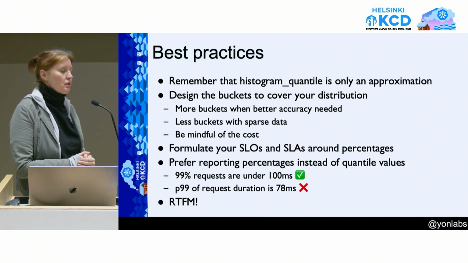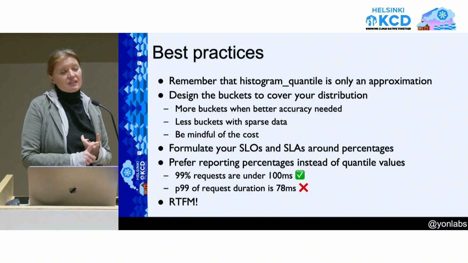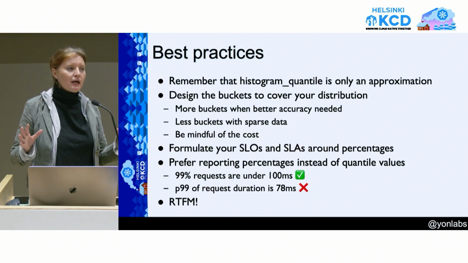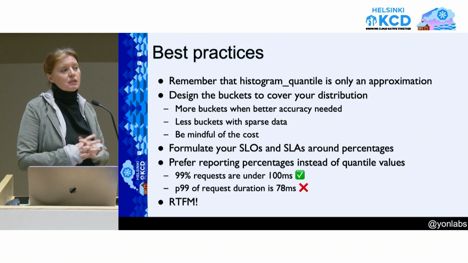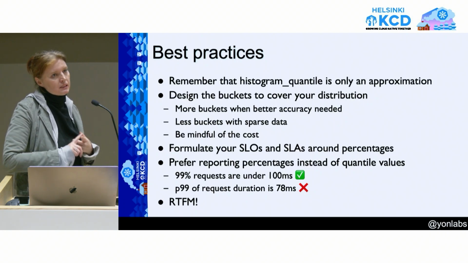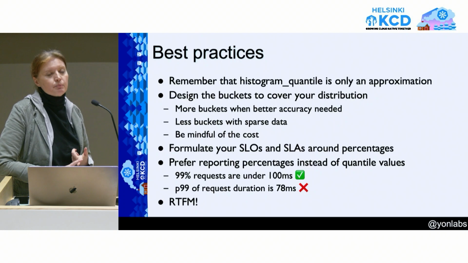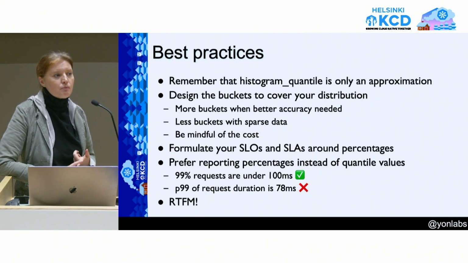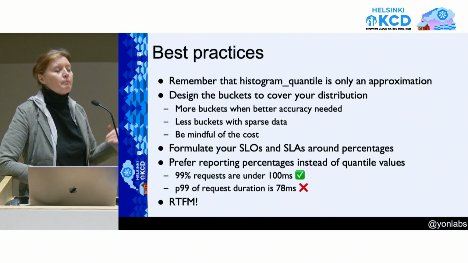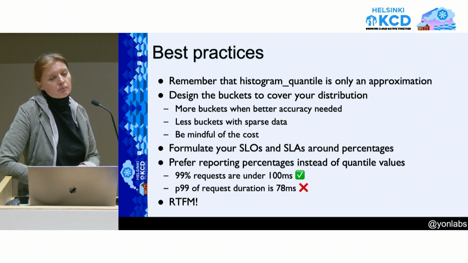Why? Because it's all about cost. If we have a lot of buckets, it means that we have a high cardinality metric. And it means this is pretty CPU intensive, it is memory intensive, or if you use a cloud-based solution, then it means that you pay a lot of money.